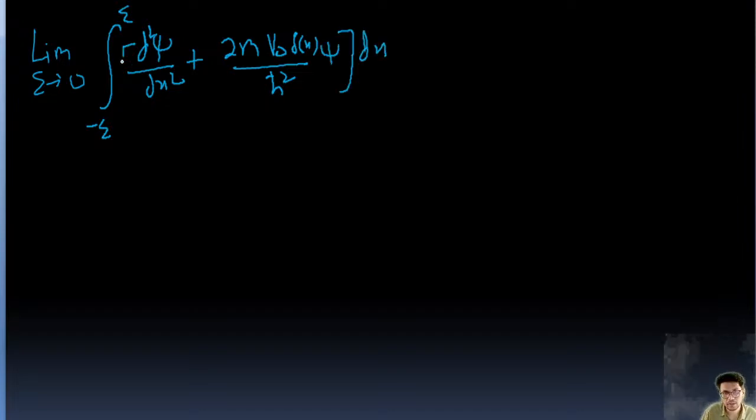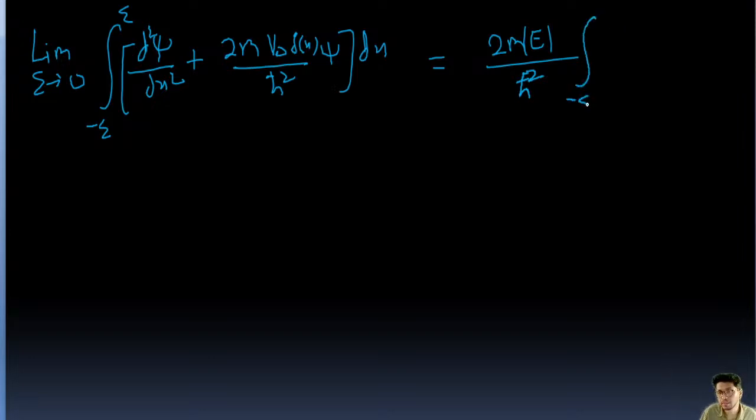Limit epsilon tends to 0, we have integrated from minus epsilon to plus epsilon, and the right hand side is going to be 2m mod E upon h cut squared, integration from minus infinity to plus infinity of psi, which is a function of x, psi dx.